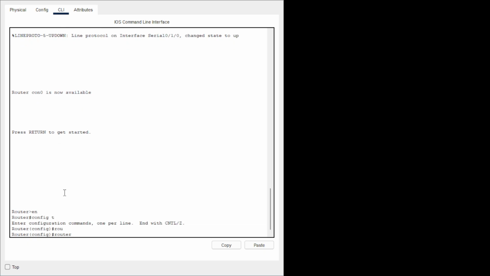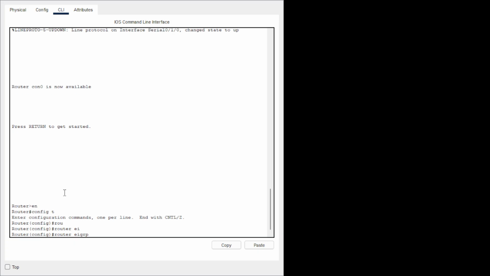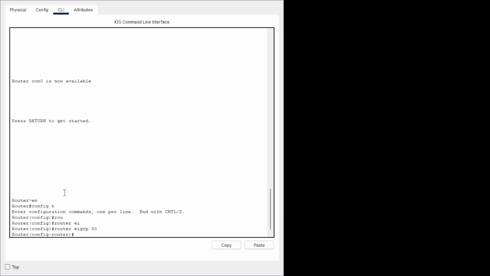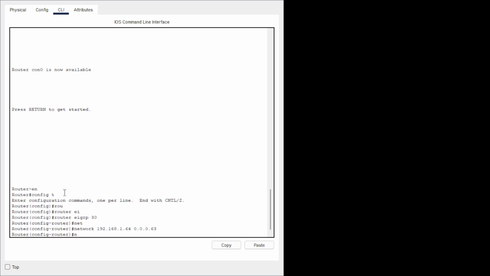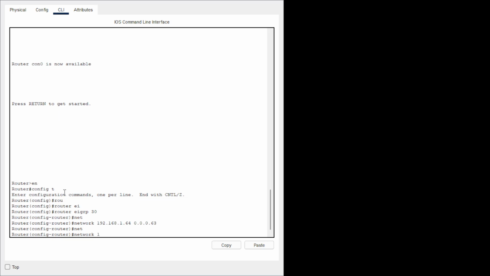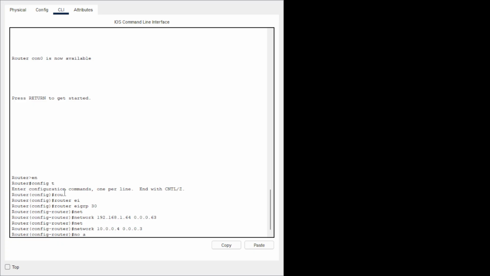Here the internal routing protocol is EIGRP with ASN number 30, and it has two networks: 192.168.1.64 with wildcard 0.0.0.63, and the other network 10.0.0.4 with wildcard 0.0.0.3, and no auto-summary.